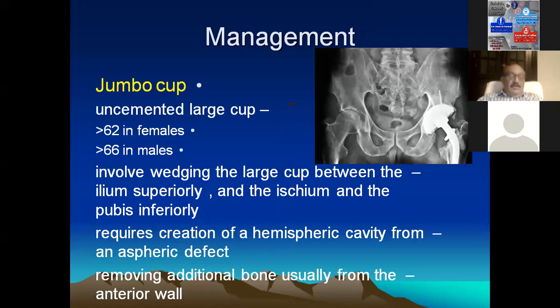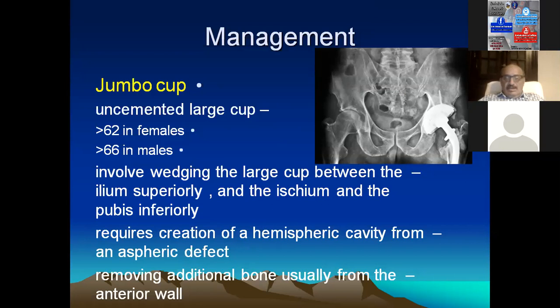Sometimes if the loosening, or the bone defect, is bigger than this, and the patient is old, and you are not planning to put any graft, sometimes you use what is called a jumbo cup, which is more than 62 in size, and it involves just putting the very large cup snugly fit between the ischium, ilium, and pubis.